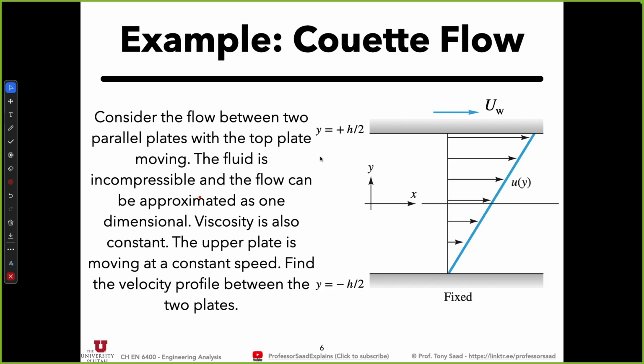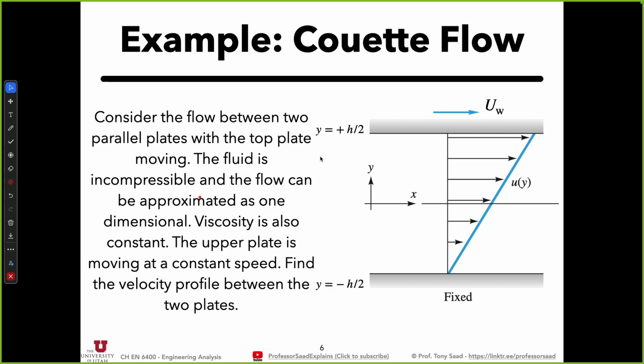The first example is going to be the simplest type of flow, and that flow is going to be driven by geometry rather than gravity or pressure gradient. So I'm going to put water in a channel, and I'm going to put a wooden piece or a conveyor belt at the top of that channel.